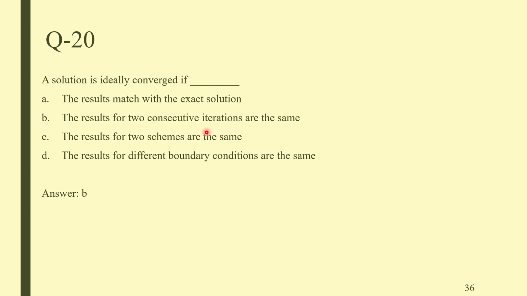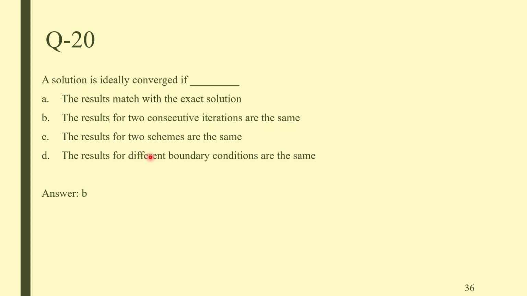Option C is about two schemes. Two schemes and two boundary conditions do not come into the picture for convergence, because they give out different physics. The idea behind convergence is that when we are solving the system and getting two consecutive solutions as same, we call it convergence. That is what we do in numerical methods also, right?